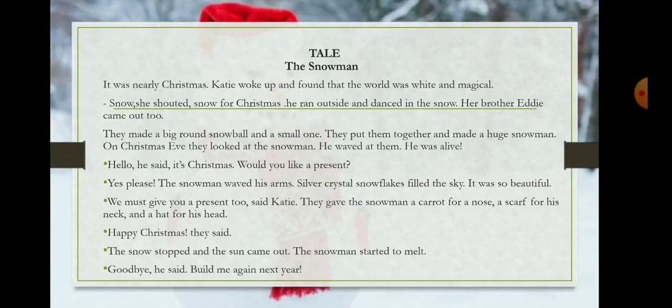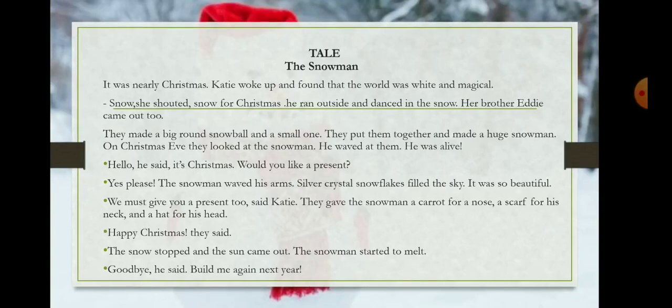Hello, he said. It's Christmas. Would you like a present? Yes, please. The snowman waved his arms. Silver crystal snowflakes filled the sky. It was so beautiful. We must give you present too, said Katie.